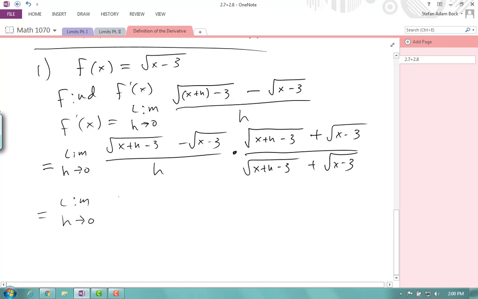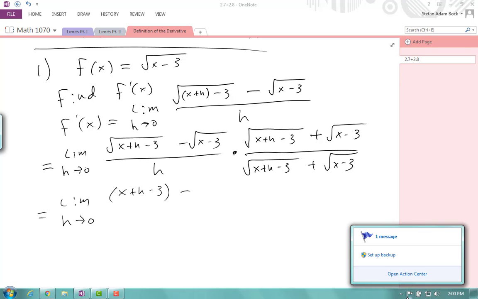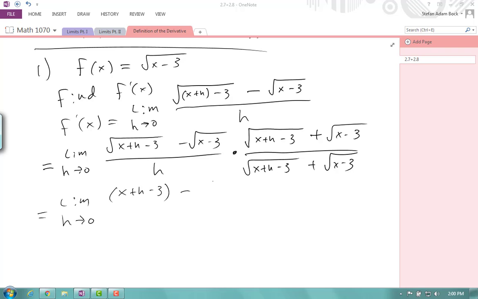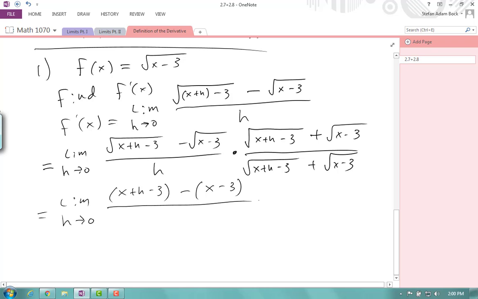and I'll need to multiply this out. First up, I have x plus h minus 3, plus and minus, things that cancel, so I'll have parentheses x minus 3 in the second spot, all over h multiplied by my conjugate.